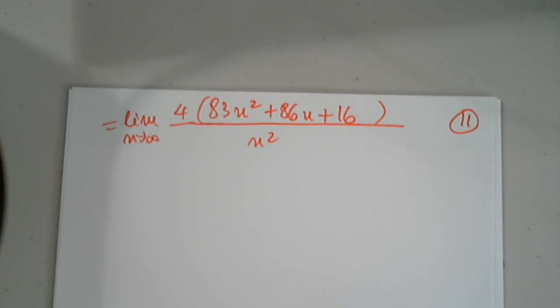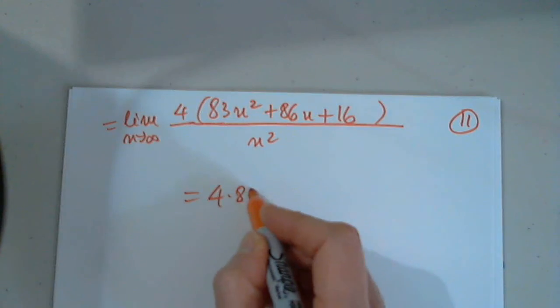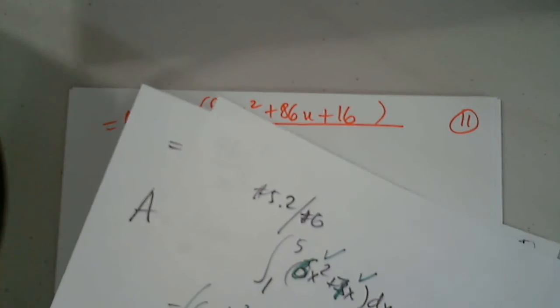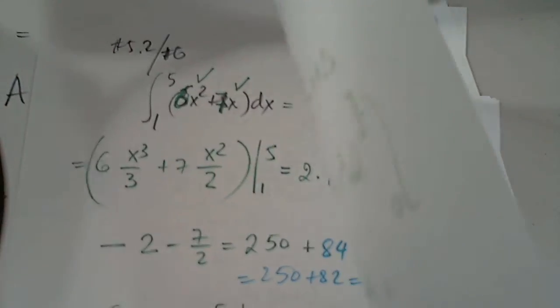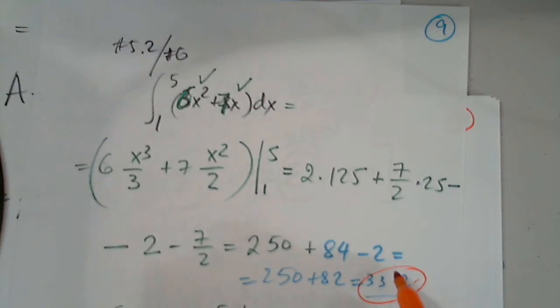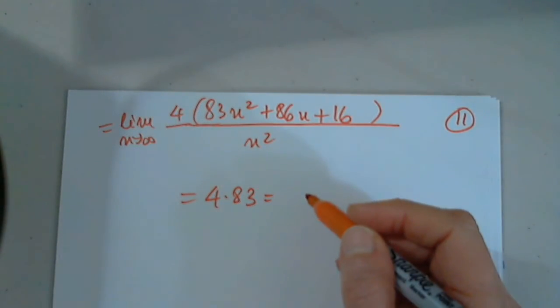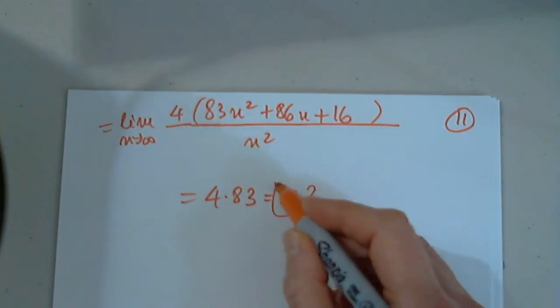Again, we can go through all those steps. It's infinity over infinity. I differentiate, but the answer will be 4 times 83. If 4 times 83 equals 332, I'm in business. If it does not equal 332, well, 4 times 83 is 332.